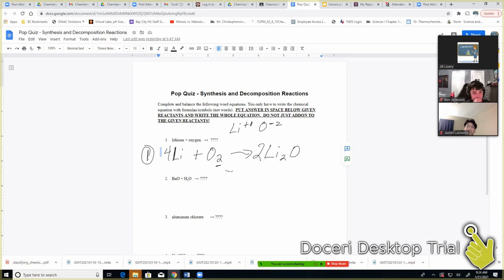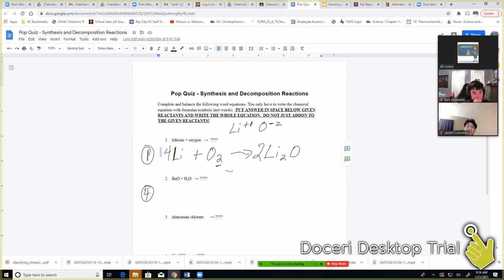All right, number 2, same thing. It has to be a synthesis reaction. It cannot be a decomposition. So you should have still been on your page in your notes looking at synthesis. What rule would this have followed under your synthesis reactions? 4, perfect.